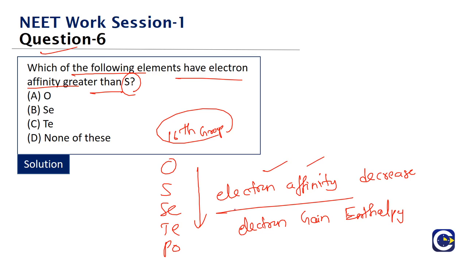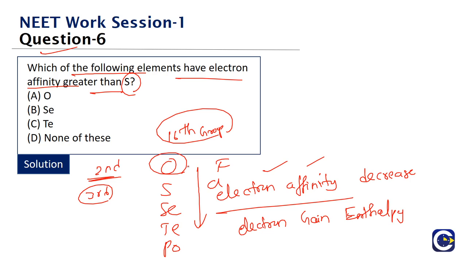Now if we talk about the second period elements, whether it is oxygen or, in the next group, fluorine, they are supposed to have a higher electron affinity than the third period elements in any group, because electron affinity values decrease as you go down the group.